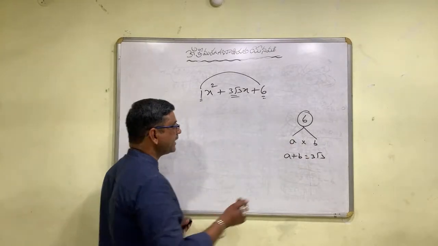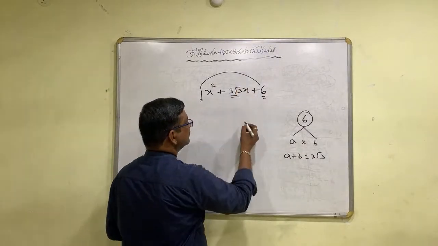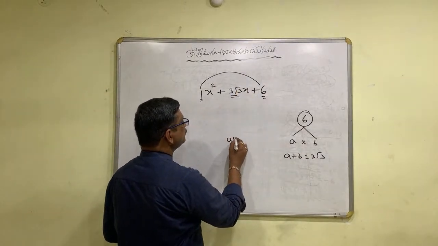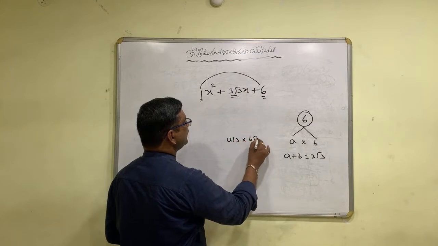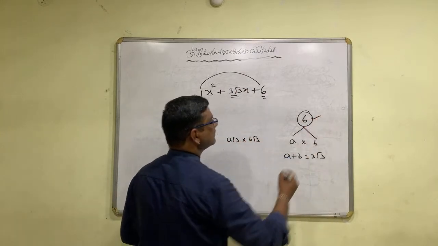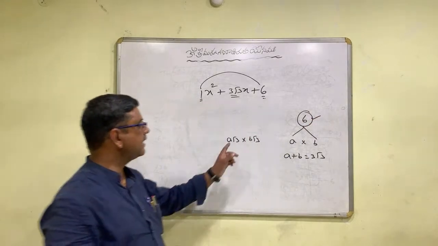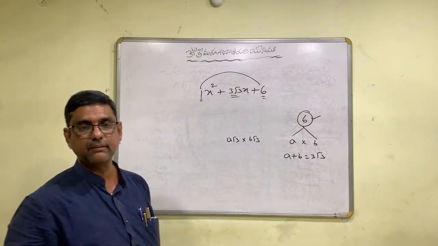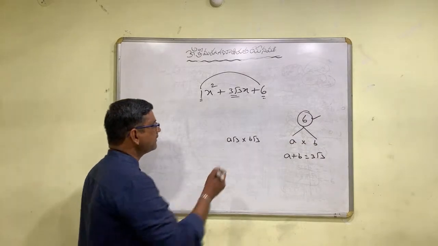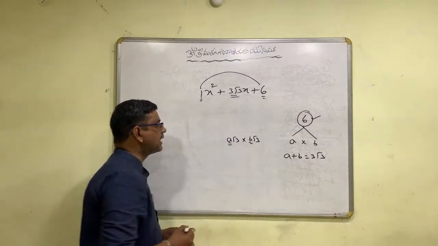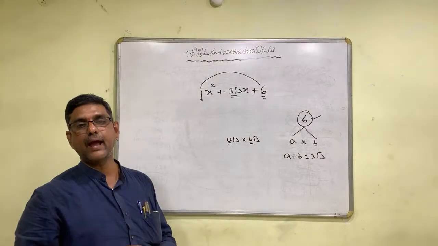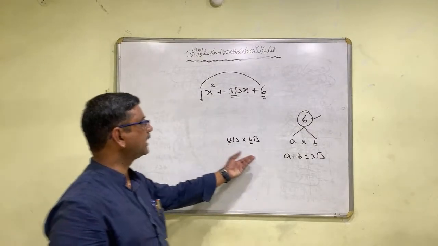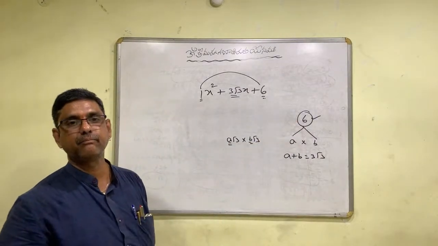So what do we have to take? a root 3 into b root 3 must be equal to 6. Then what do we have to keep in the place of a and b so that the product is 6?